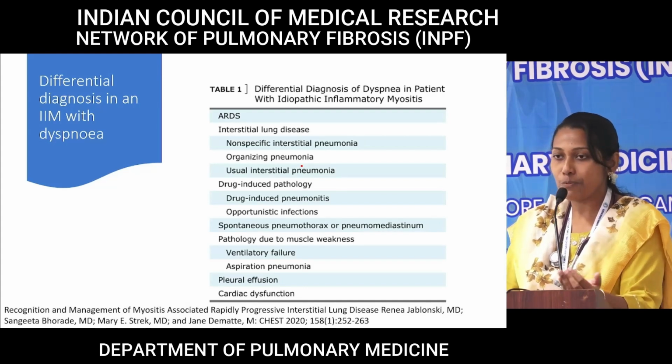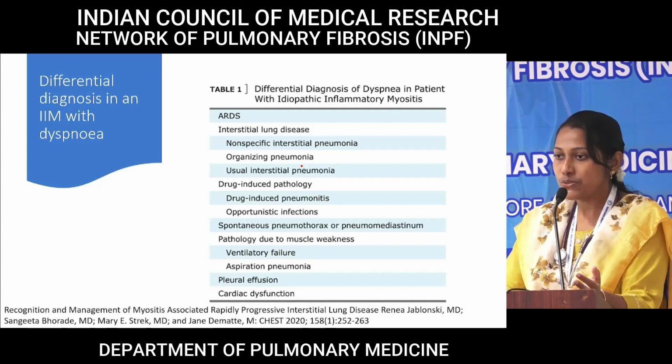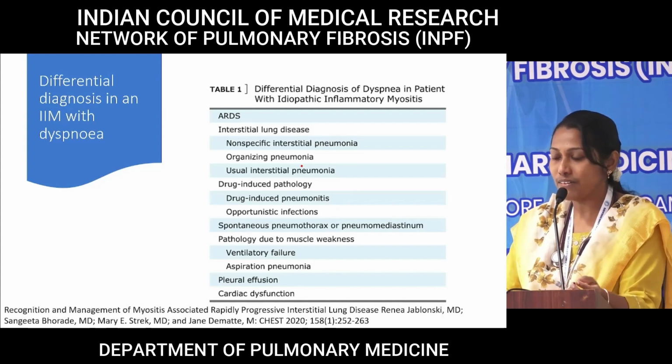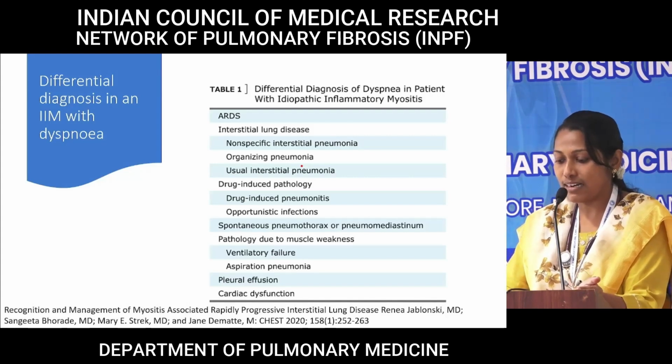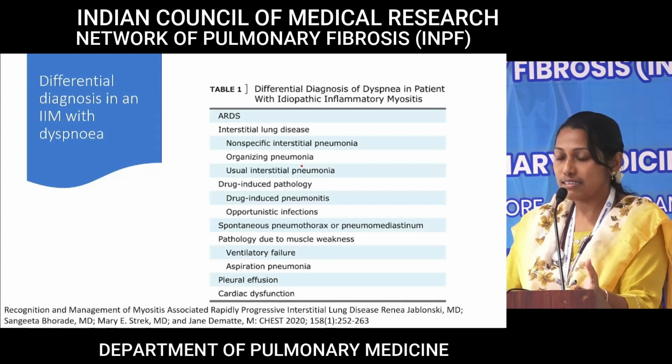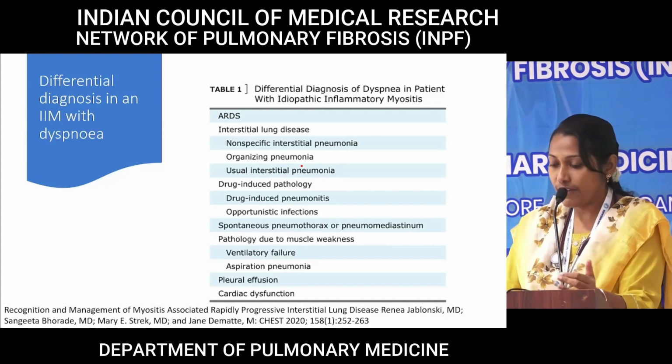Very rarely they will be associated with respiratory muscle weakness, so not all myositis will have respiratory muscle weakness. Sometimes aspiration pneumonia, cardiac dysfunction, and pleural effusion because of myocardial involvement can also present with acute dyspnea in a setting where RP-ILD is a differential.